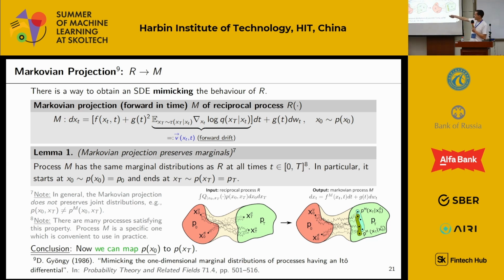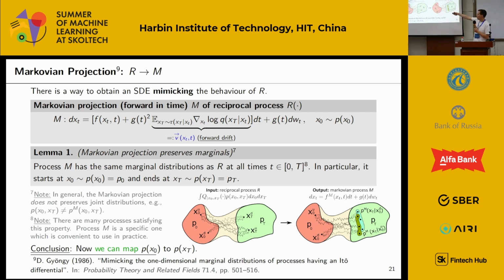So reciprocal process is some process constructed between two probability distributions in the following way. We take some pairs, and into these pairs we input our reciprocal, our bridge process, our kind of interpolation between two points. But in this case, it's just stochastic, not deterministic.